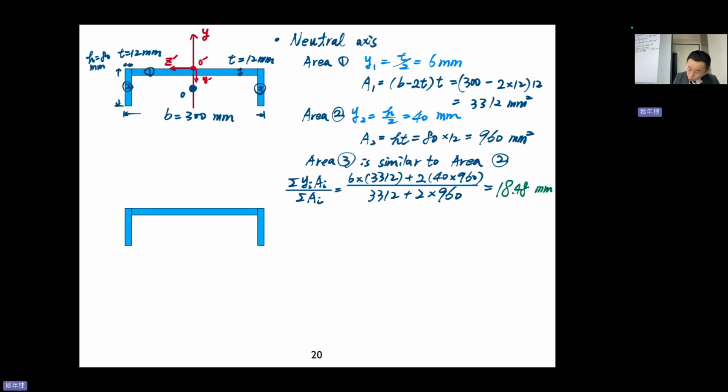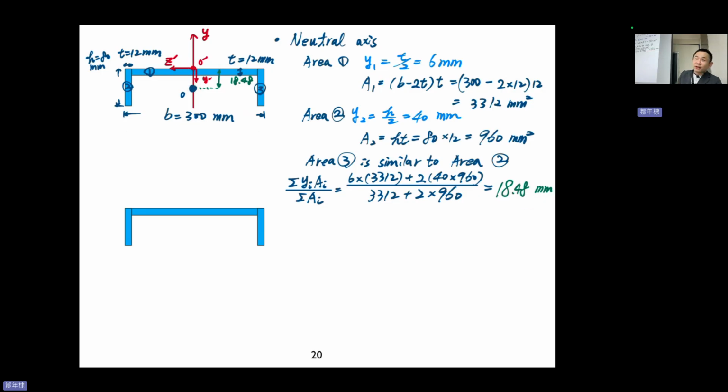It's called the real O, the real neutral axis, and it is at a distance of 18.48 from the O plane.